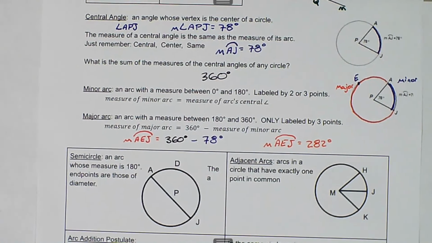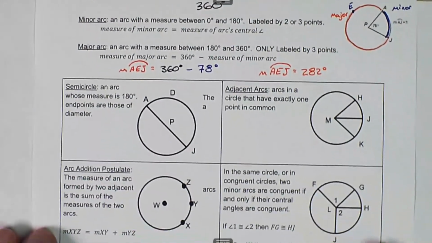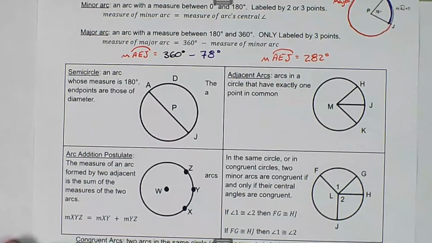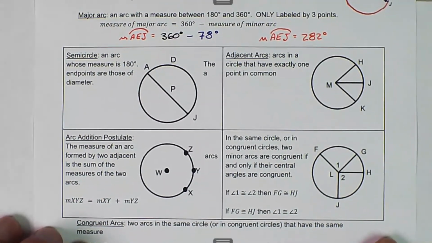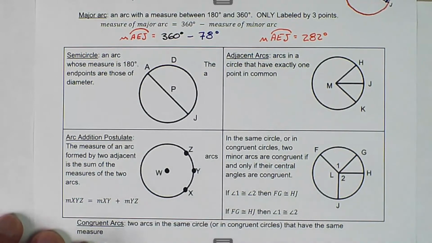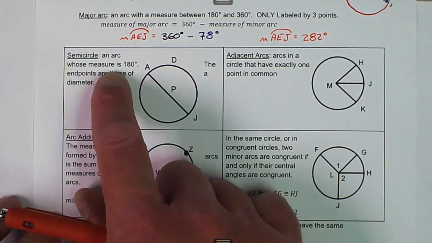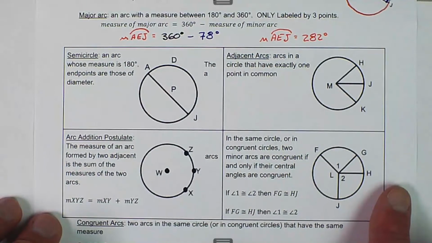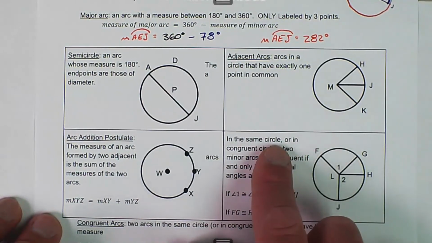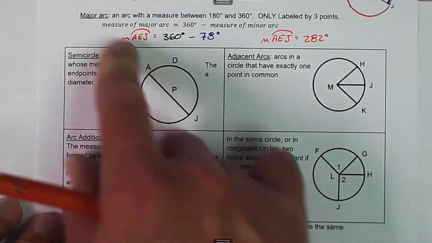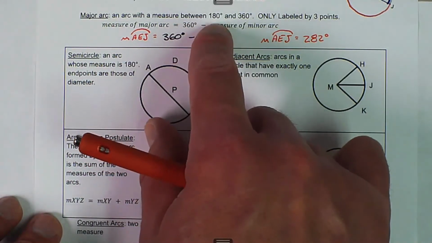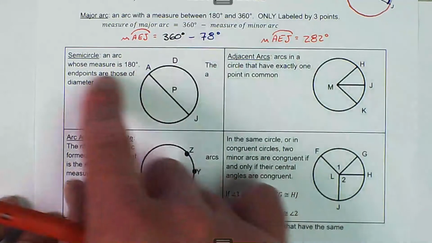So we have a couple more topics to introduce. And we have a semicircle, an arc whose measure is 180 degrees. So a minor arc had to be between 0 but not including 180, and a major arc does not include 180 and does not include 360.